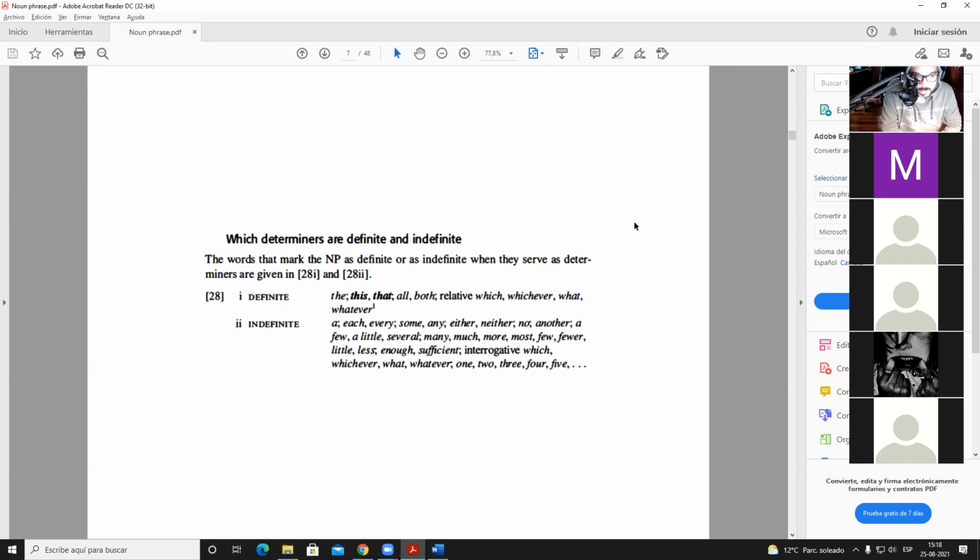Again, take a closer look at the second part where it says interrogative. So it says indefinite: a, something, sufficient; interrogative: which, whichever, what, whatever. So those WH words, which, whichever, what, in a question, they are determiners, okay?